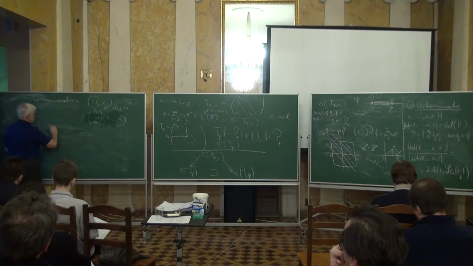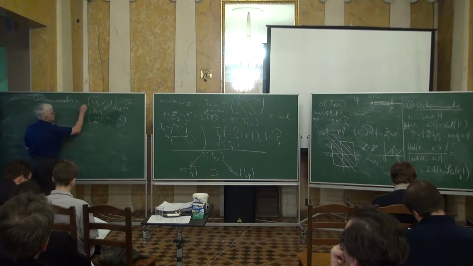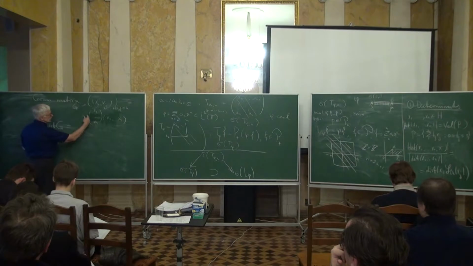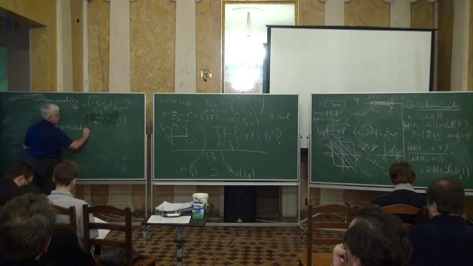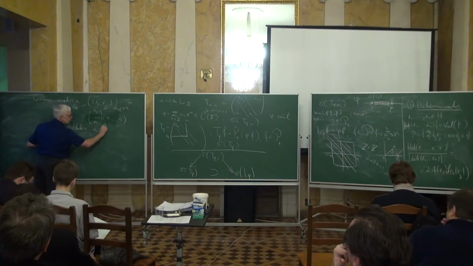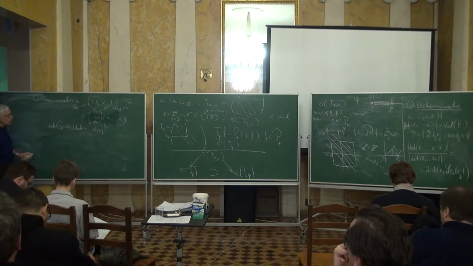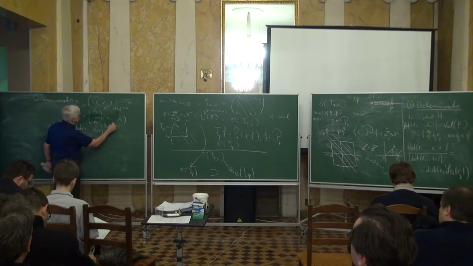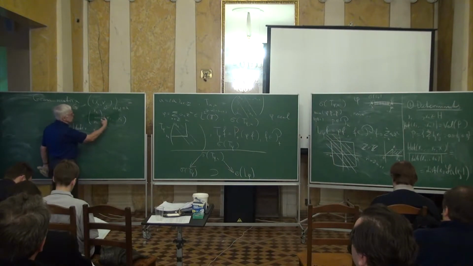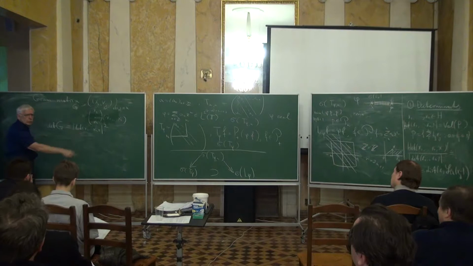So the determinant of this Gram matrix is just the determinant of x1 through xn, squared, because it is the corresponding scalar product.